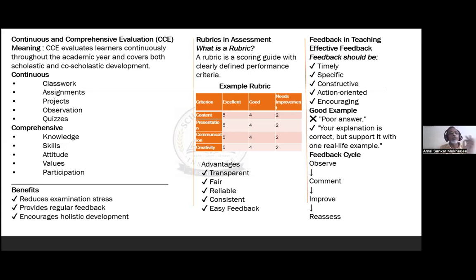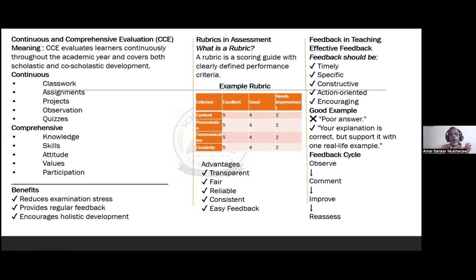Now, what exactly does continuous mean? Which parts are covered in the continuous system? Classwork, assignment, projects, observation, quizzes are covered in the continuous process. And what is in the comprehensive type? There is knowledge, skills, attitude, values, and participation. These are covered in the comprehensive part.